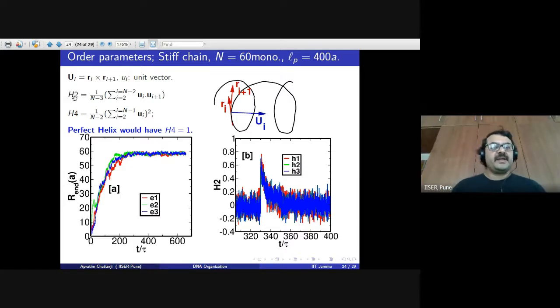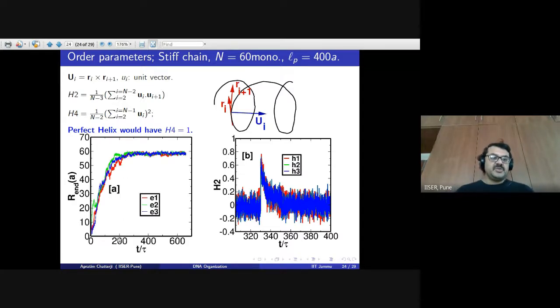When H2 and H4 are 1, you have a perfect helix, and when it is 0, you just have a random polymer coil, even if it's semi-flexible, a bent coil. If this has finite non-zero values, it shows the presence of helicity. How it is defined I shall not say for the sake of time.